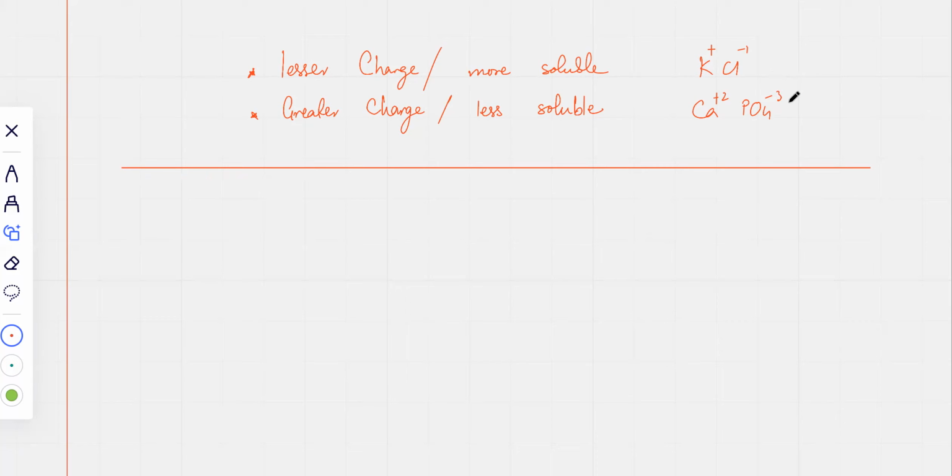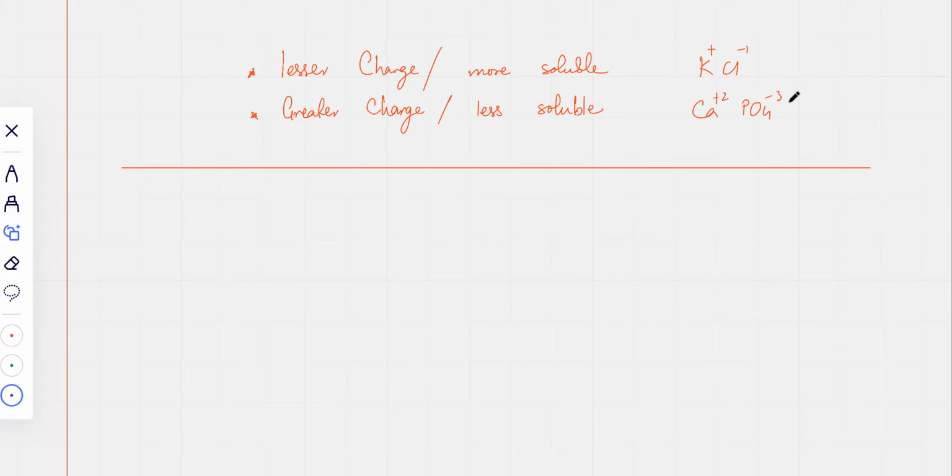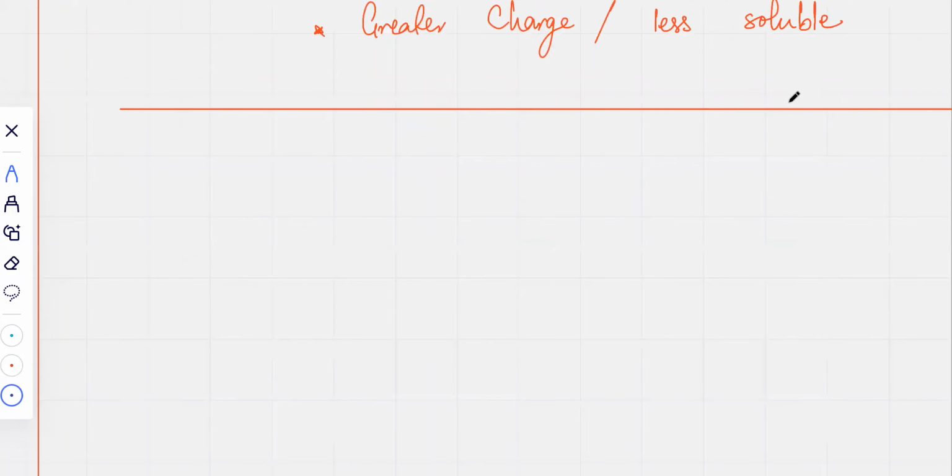Now the next thing is we have to learn the solubility table. We got the general idea of what solubility is.